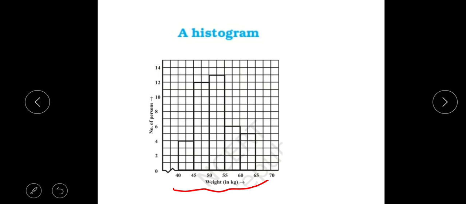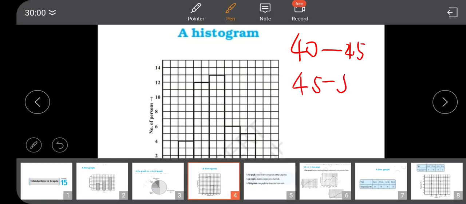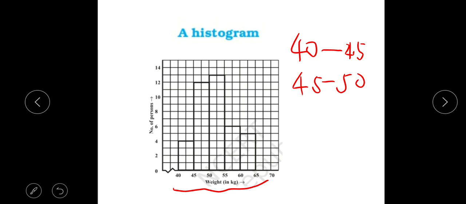Here weights in kilograms are marked, but that data is given as grouped data, 40 to 45, 45 to 50. This type of data is given. So a histogram is a representation of grouped data.